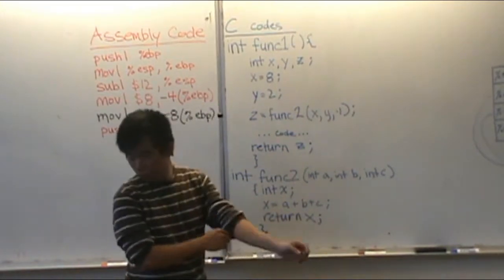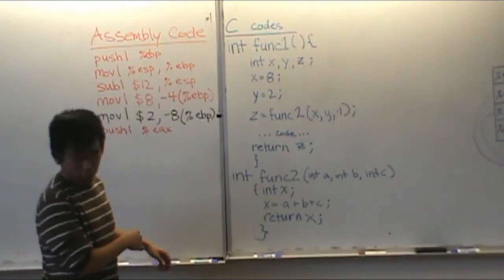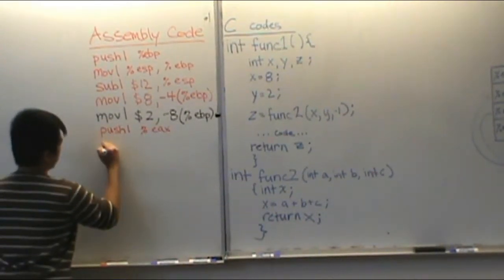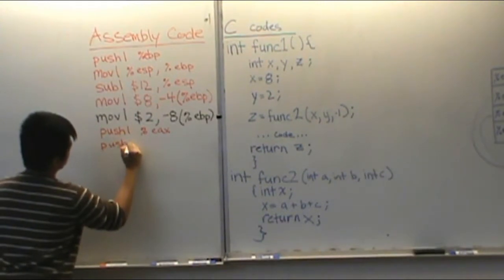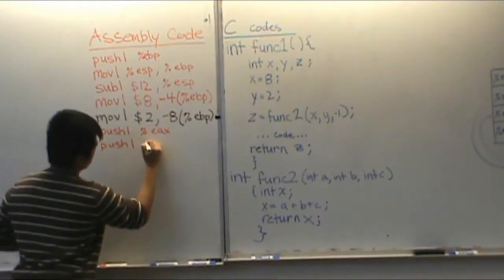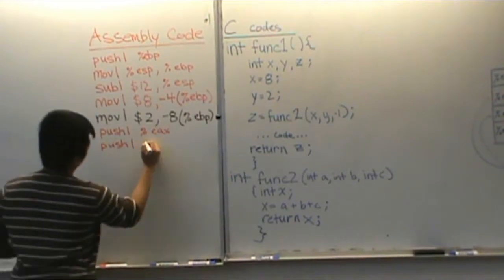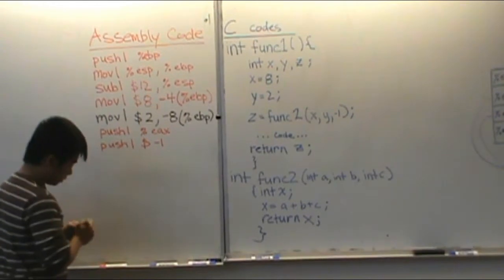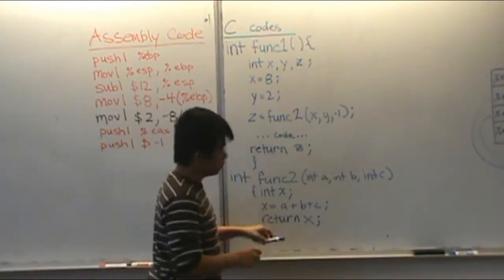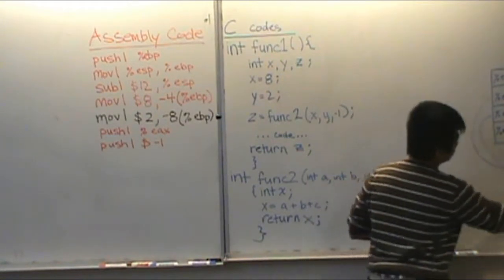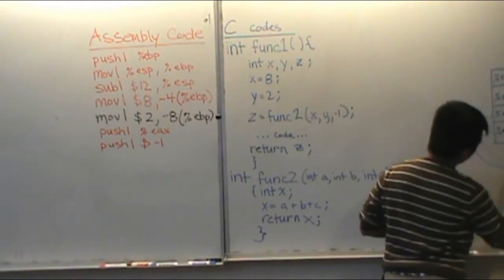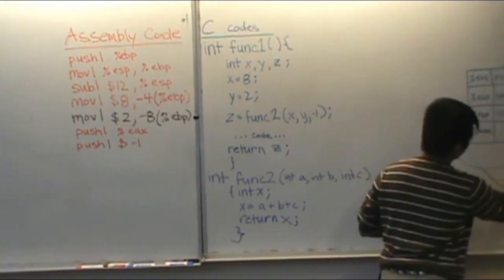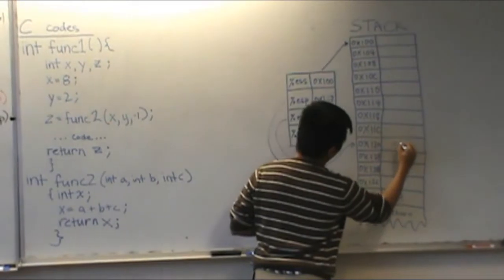So the first one, to do that, use pushl $-1. This will change the ESP again every time you push. It will decrement the ESP down to 120, and then -1 will be stored here.